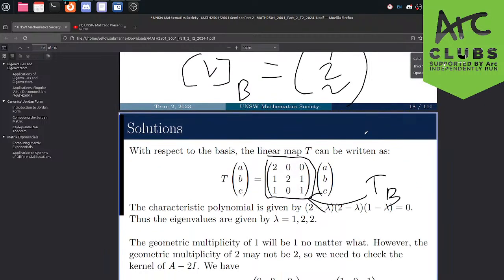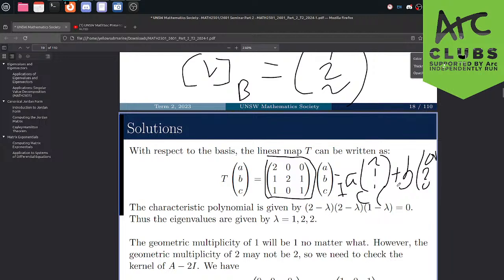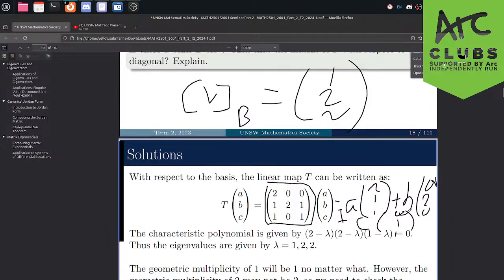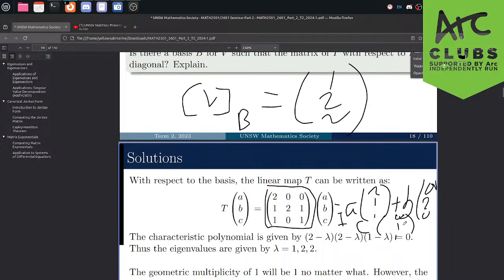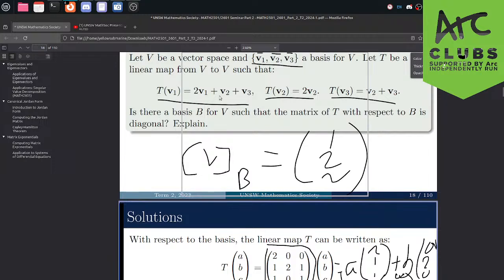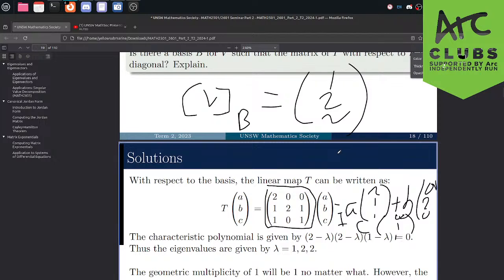Because upon expanding this out, this becomes A times 211 plus B times 020 plus C times 011. Right? And each of these corresponds to each of these rules over here. Cool.